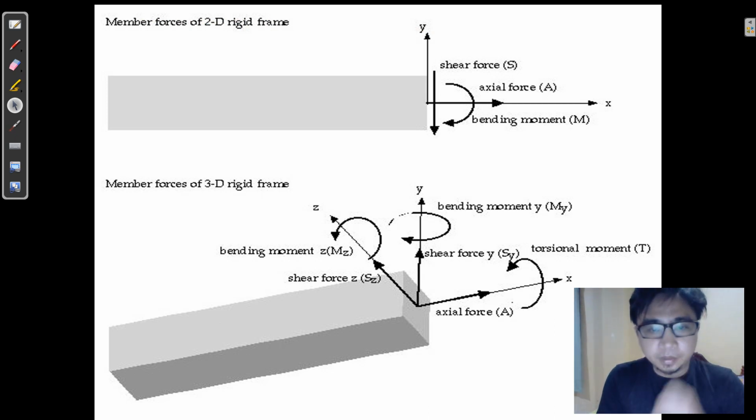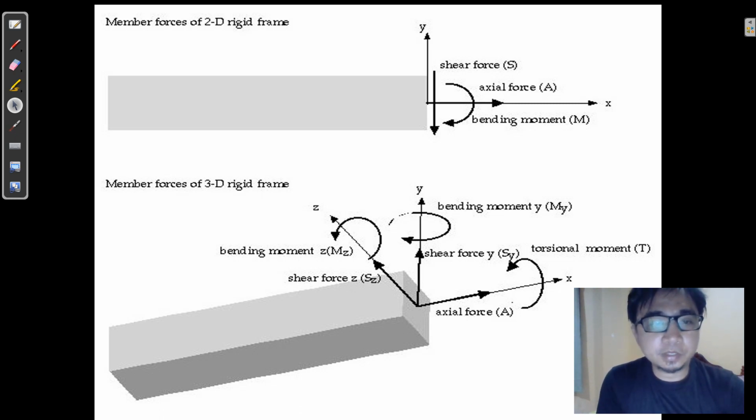Here are some member forces of a 2D rigid frame. You can see that shear force is vertical when we consider the x-axis, and when we apply a couple on that, we will have a bending moment M, and then axial force is present along the x-axis, which is parallel to the member.